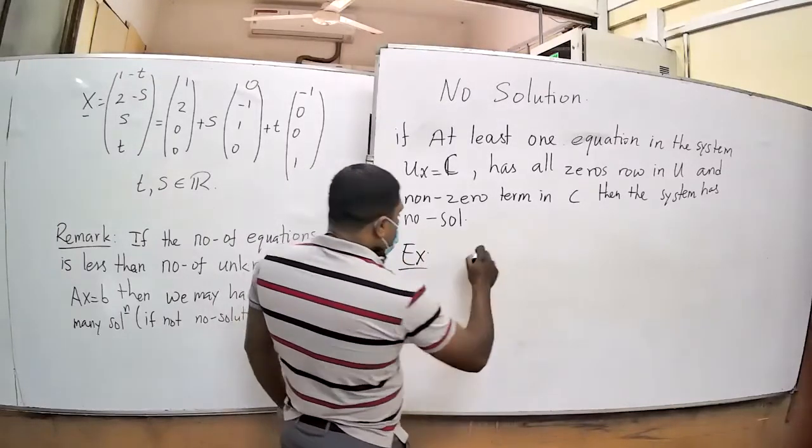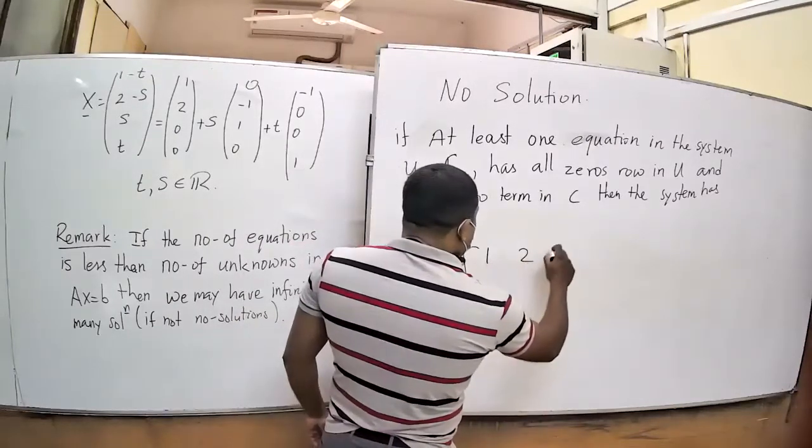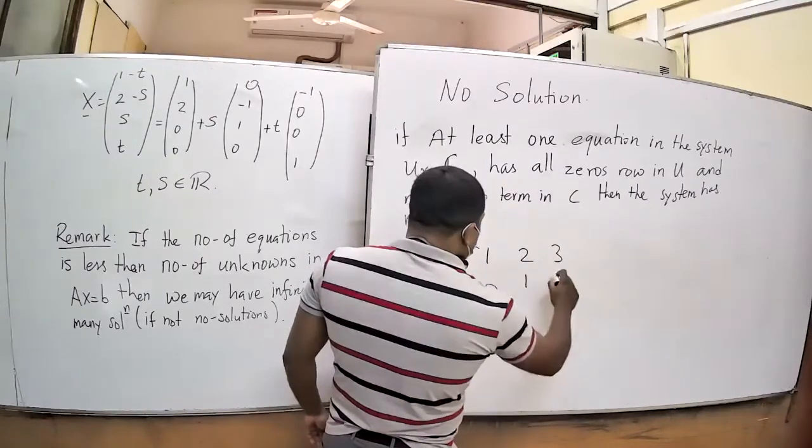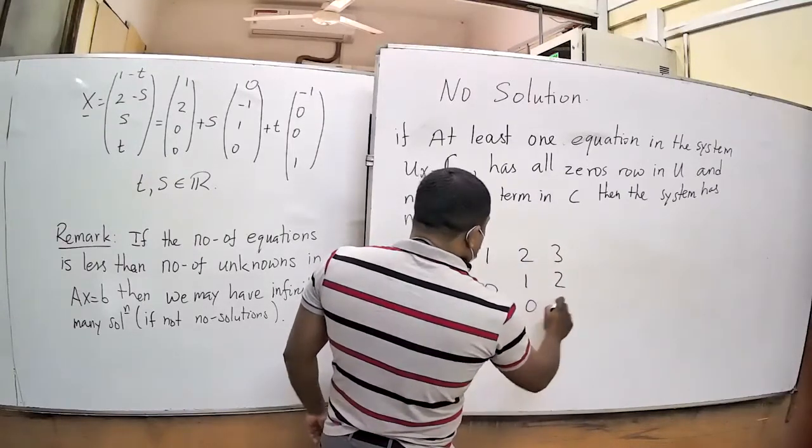This is quite easy. So 1 2 3, 0 1 2, 0 0 0.